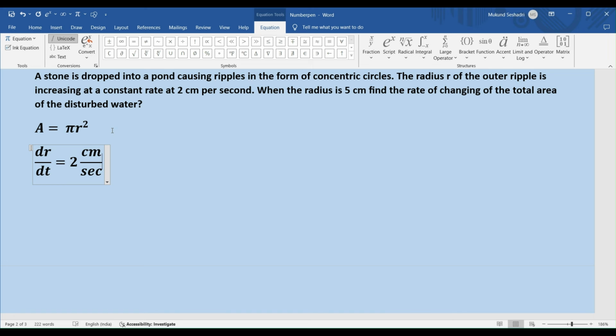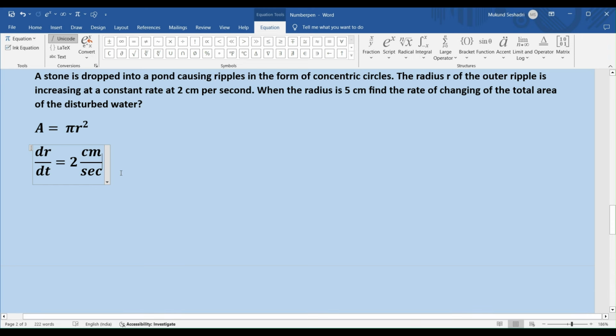And then we've been asked to find, as these ripples happen, at some point your radius hits 5 centimeters, right? And at that point of time, what is the rate of change of the total area?